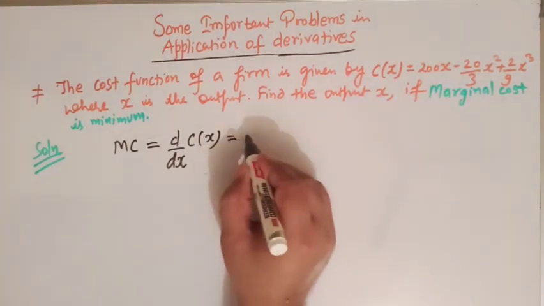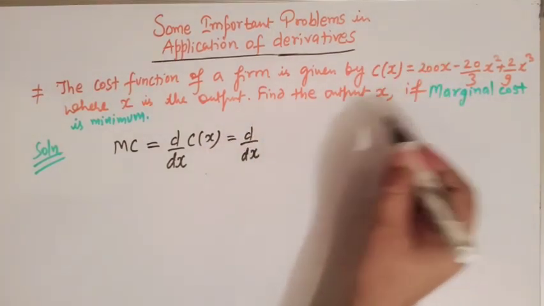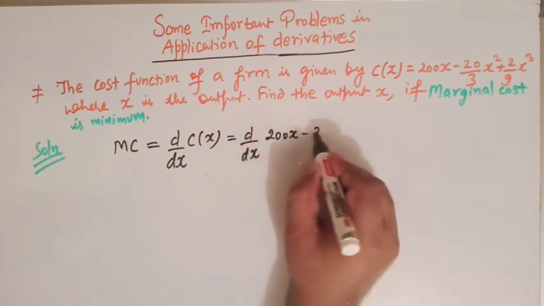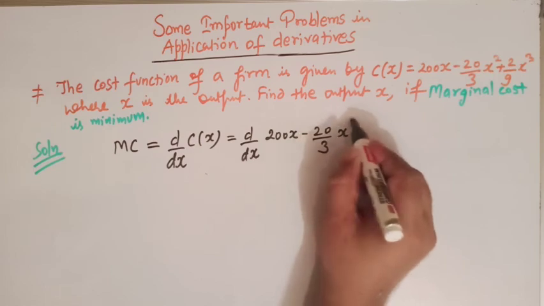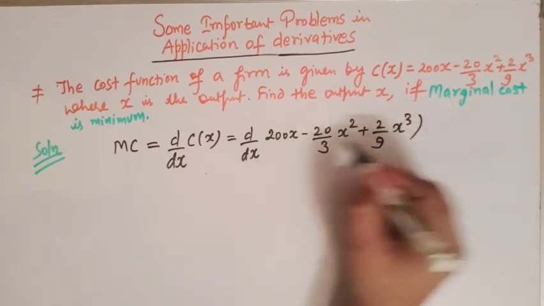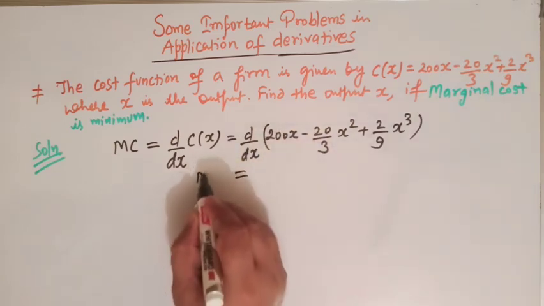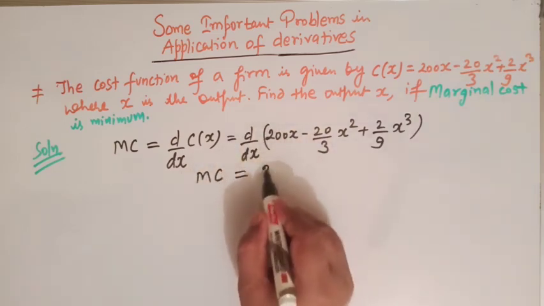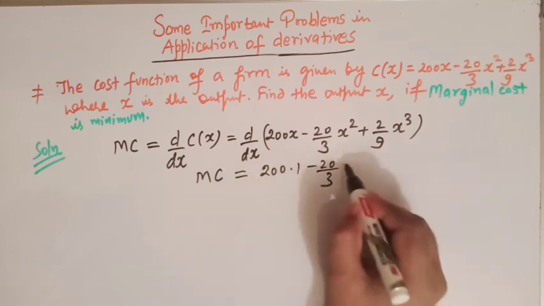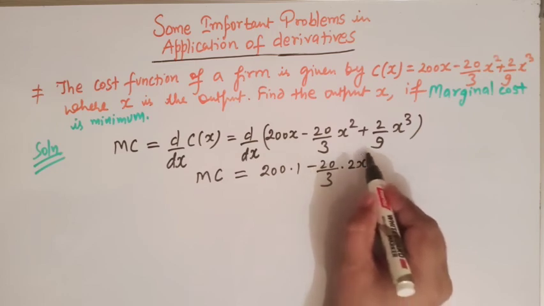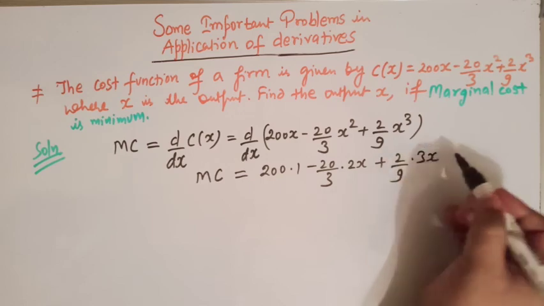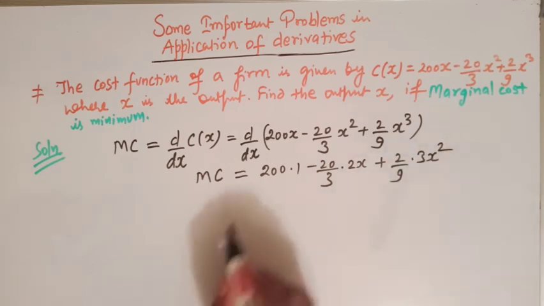So the derivative of cost function is calculated as d by dx of 200x minus 20 by 3 x square plus 2 by 9 x cube, right? So the derivative is 200 times 1, we have 20 by 3, this is 2x, and this is 2 by 9, and this is 3x square, right?